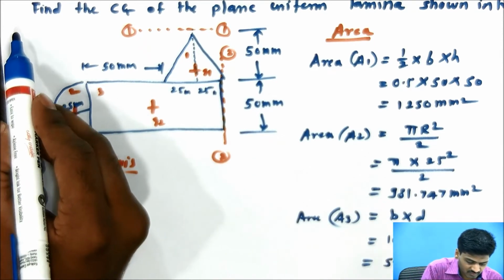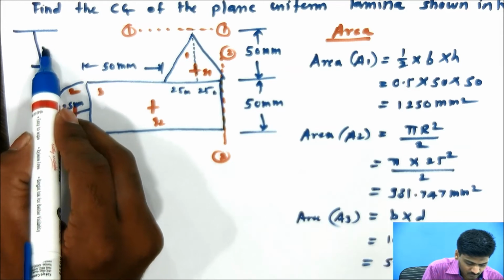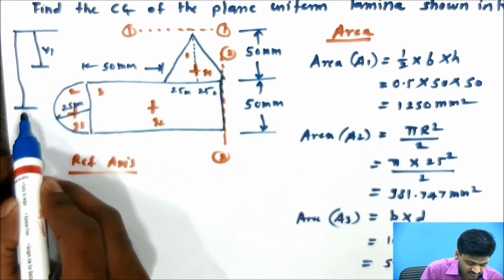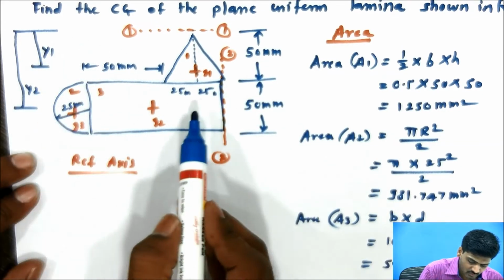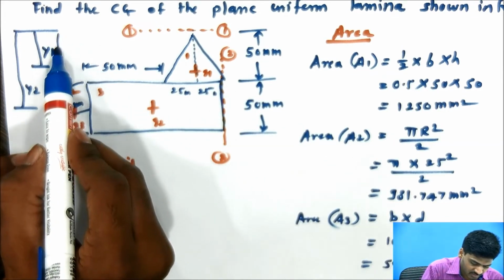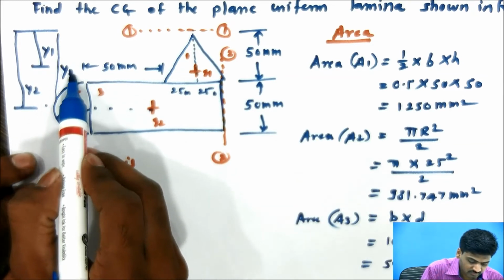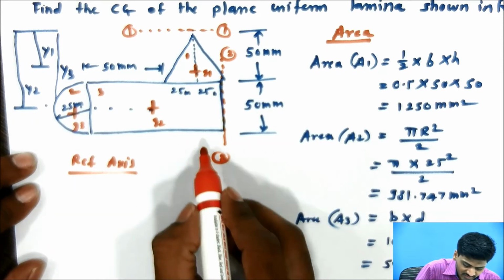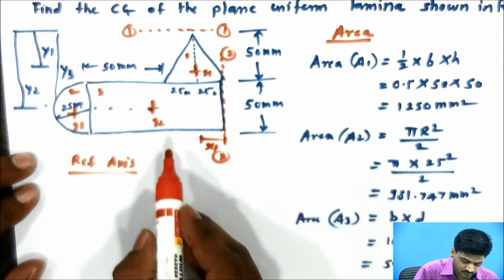So let's observe, this is my y1, this is nothing but y2, and from here to the center, this is nothing but y3. x1, x2, x3, the small distances, this is your x1.